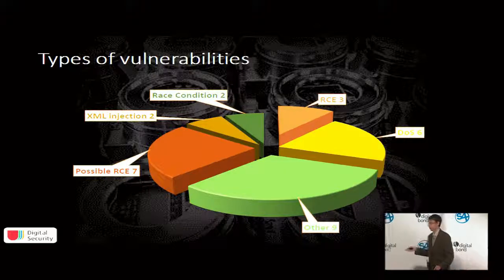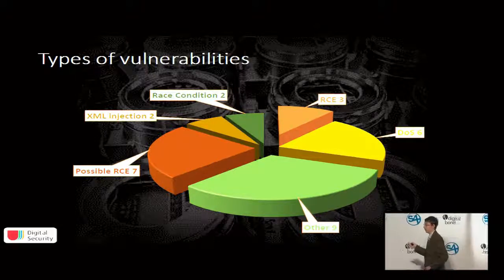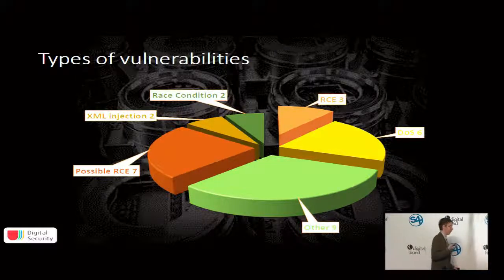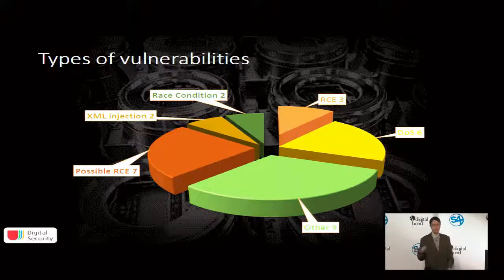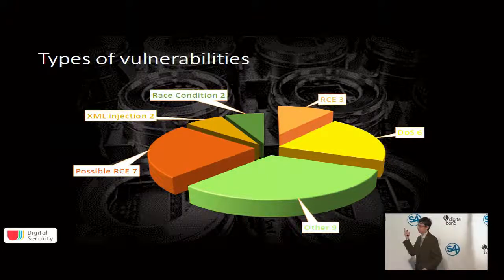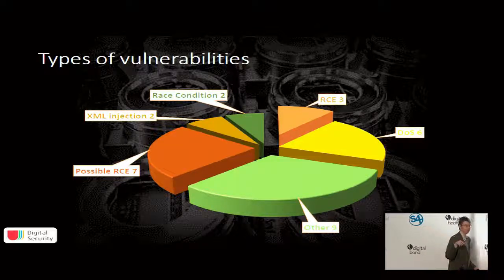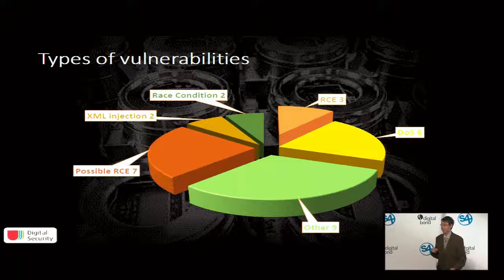Also, we have remote code executions with proof of concept exploits, and possible remote code executions where we could do memory manipulations, but we didn't write the proof of concept because it could be hard or we had no time. The other vulnerabilities include cross-site scripting, SQL injections, JSON injections, local denial of services where you crash just the DTM but not the whole container, and other things.